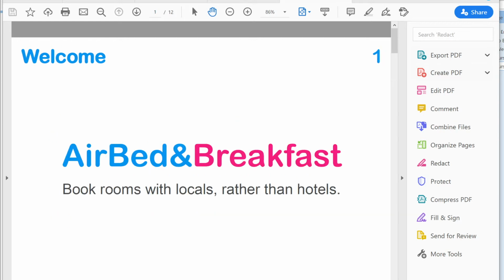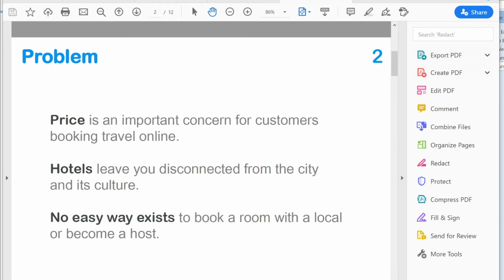So for Airbnb, they didn't start off with a mission statement. They start off with a problem. The problem here, they identify three things: price, hotels, and no easy way to book a room with a local. So the first two problems are very relatable, right? Price, booking travel online.